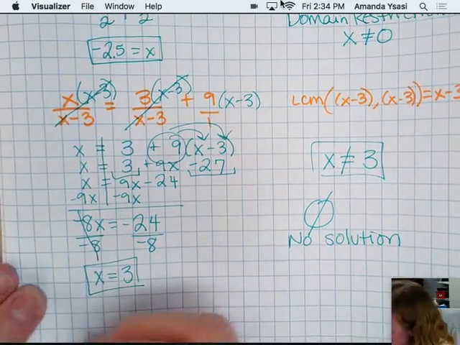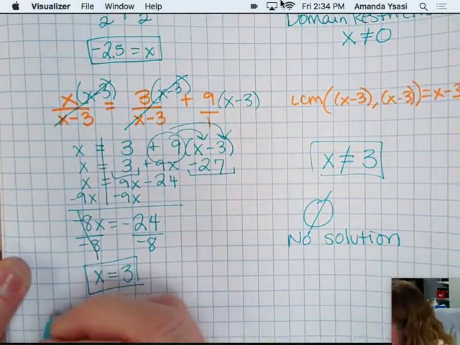Okay, let's talk about conditional equations.